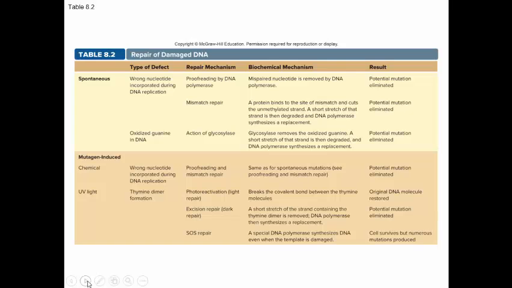So what you first have is proofreading that occurs through the DNA polymerase enzyme. Keep in mind that DNA polymerase is not merely something that goes down and assembles a new strand of DNA, but it also has a part of the protein structure with the capability to correct errors.